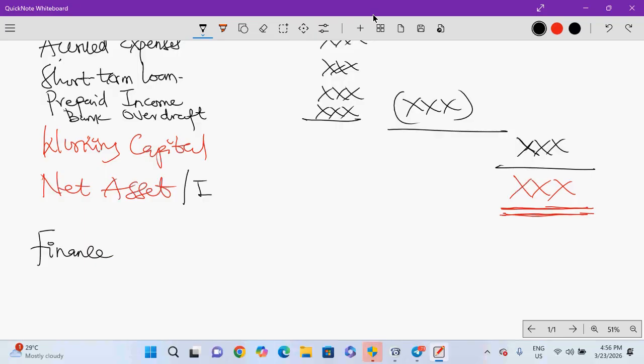So this thing, in a way, relates to equity. This figure relates to equity. So finance by equity.